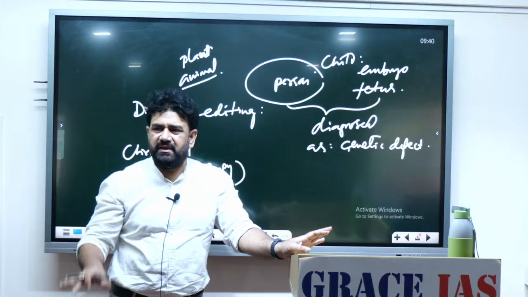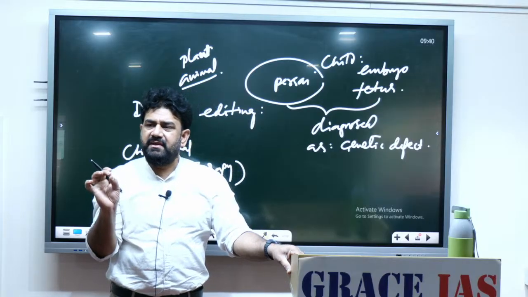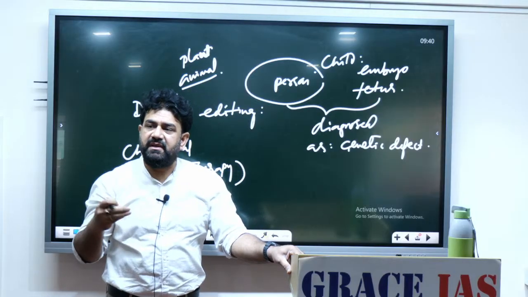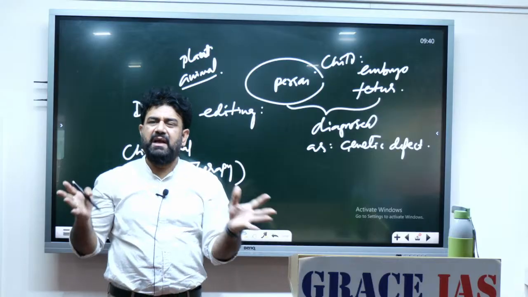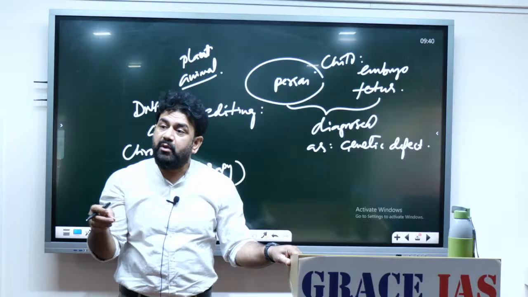That means there is a defect in the structure of a gene or expression of a gene, because of which some unwanted proteins are there in the body of the person or necessary proteins are absent.